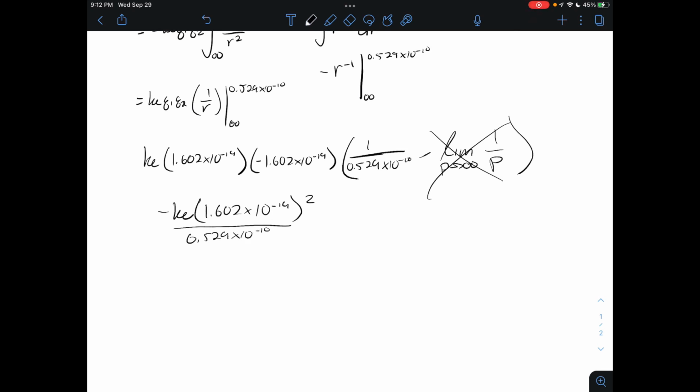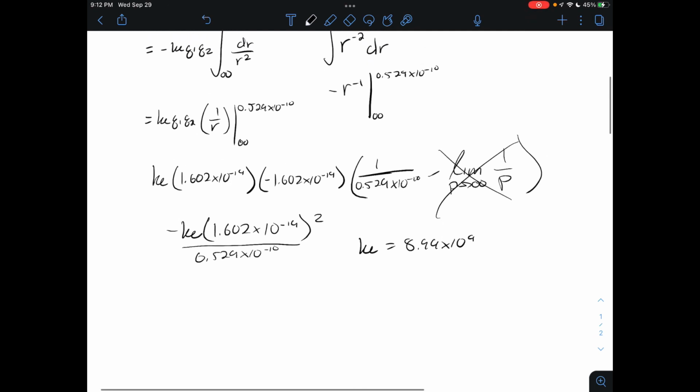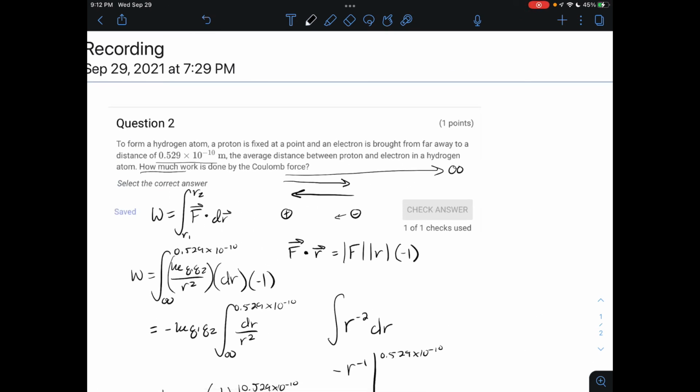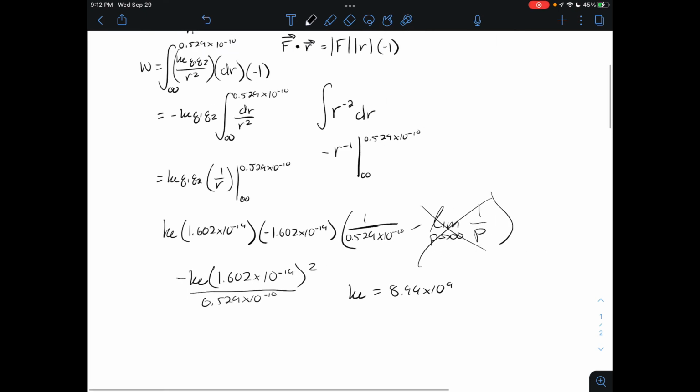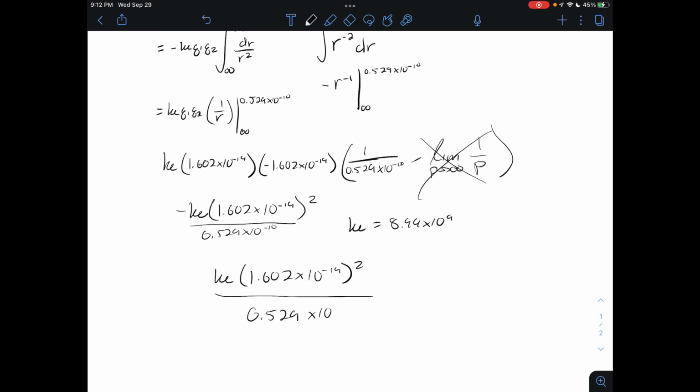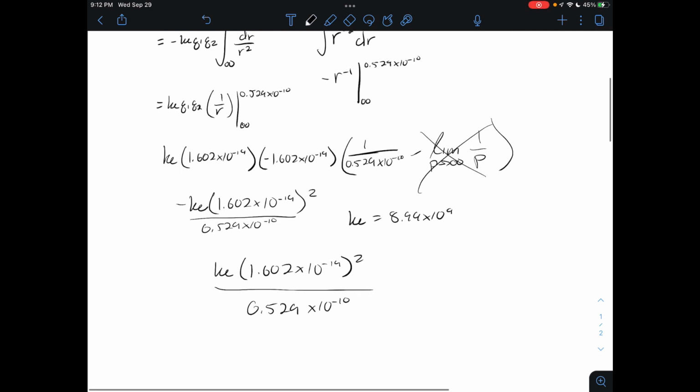This is going to give us our answer, and KE is 8.99 times 10 to the 9th. This gives us the work done by the Coulomb force, but the original question asks how much work, so that would just be the magnitude of this, so we can get rid of that negative sign. It's just going to be KE times 1.602 times 10 to the negative 19th squared all over 0.529 times 10 to the negative 10th. And you can plug this into your calculator and get your final answer for that.